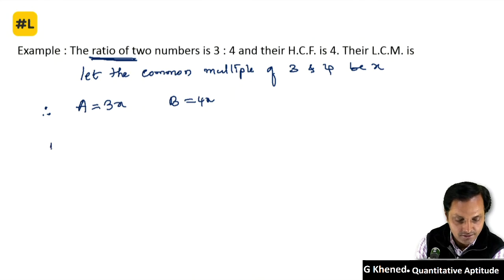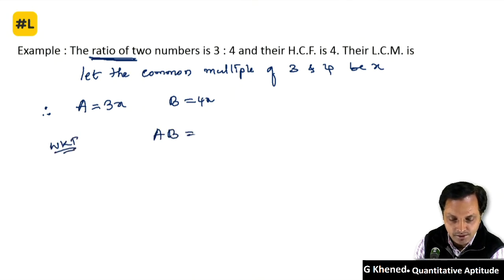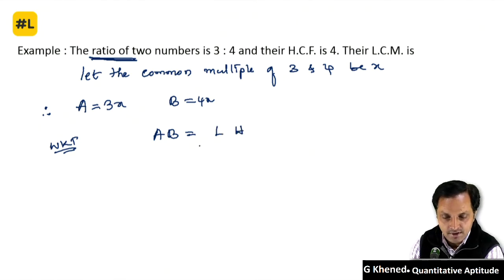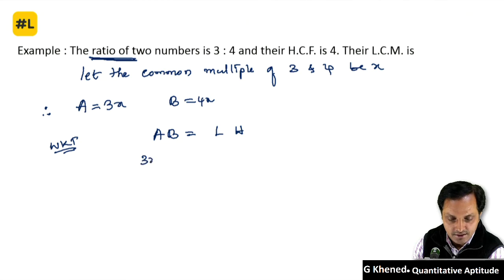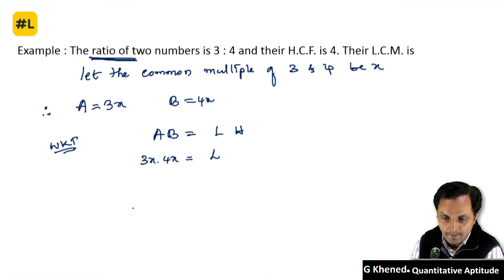Then we know what is that? We know the simple rule, A into B is equal to LCM into HCF. 3x into 4x is equal to LCM, which you need to find, into HCF.